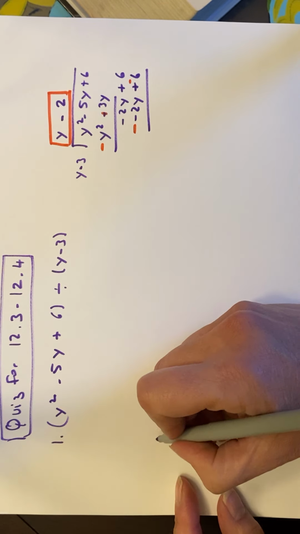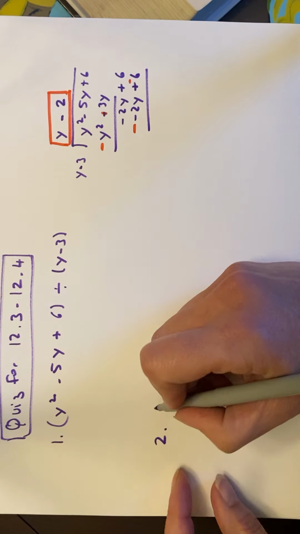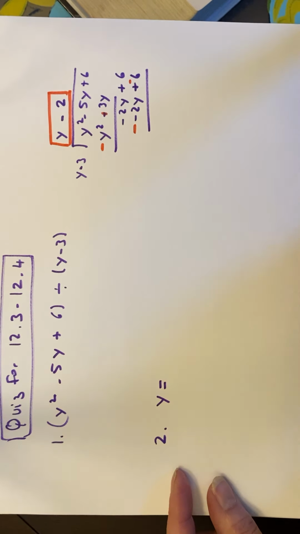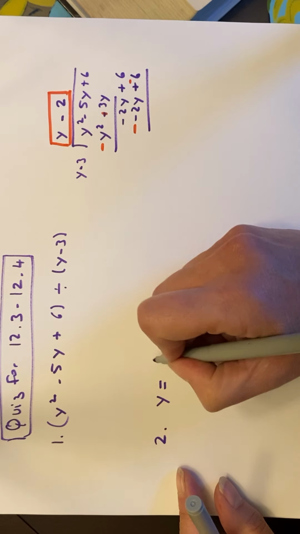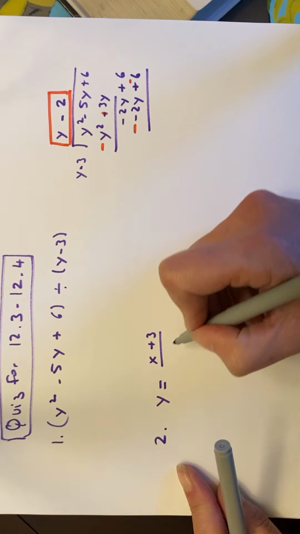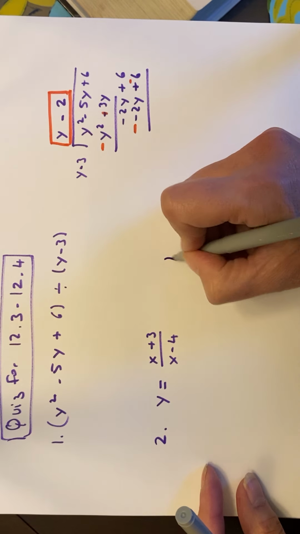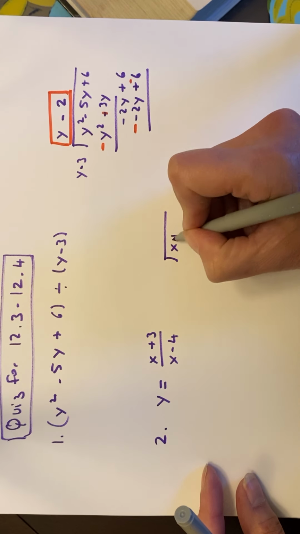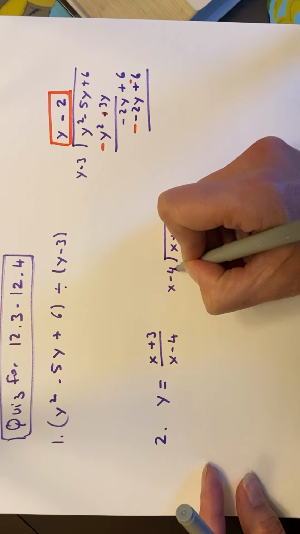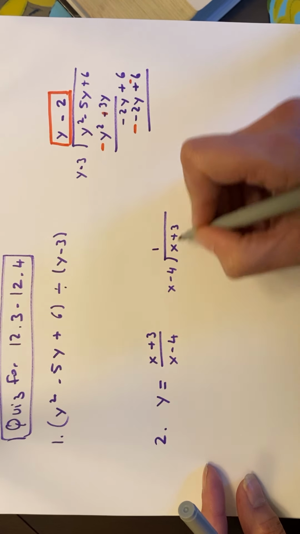Let's do another example. In this situation, I'm going to want you to graph a function: y equals x plus 3 over x minus 4. To graph a function, first we do our division. How many times does x go into x? 1 time.